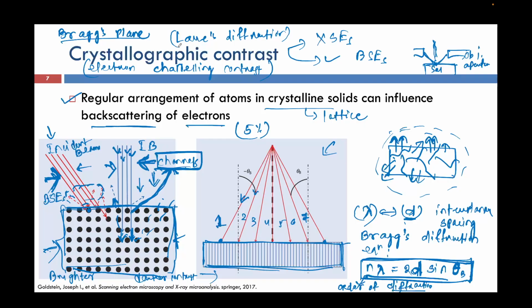This Laue diffraction tells us the different scattering that will happen when an incident beam, let's say a photon beam in X-ray, falls onto your material. The incident beam can be scattered in all directions. Based on Laue diffraction, there are 12 parameters for scattering.